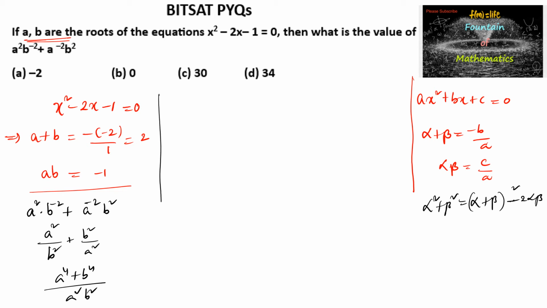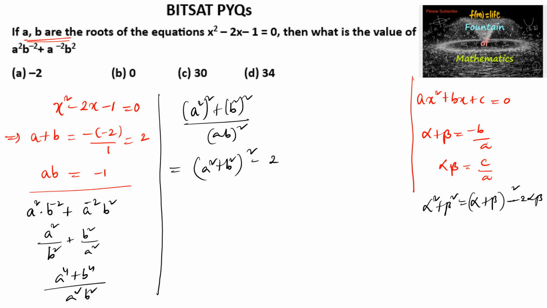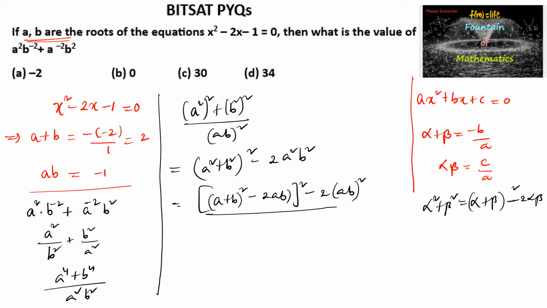So similarly a power 4 plus b power 4 we can write (a square) whole square plus (b square) whole square divided by (ab) whole square. Which can also be written (a square plus b square) whole square minus 2 a square b square. So a square plus b square we can also write as (a plus b) whole square minus 2ab, this is the whole square, and again minus 2 times (ab) whole square, divided by (ab) whole square.